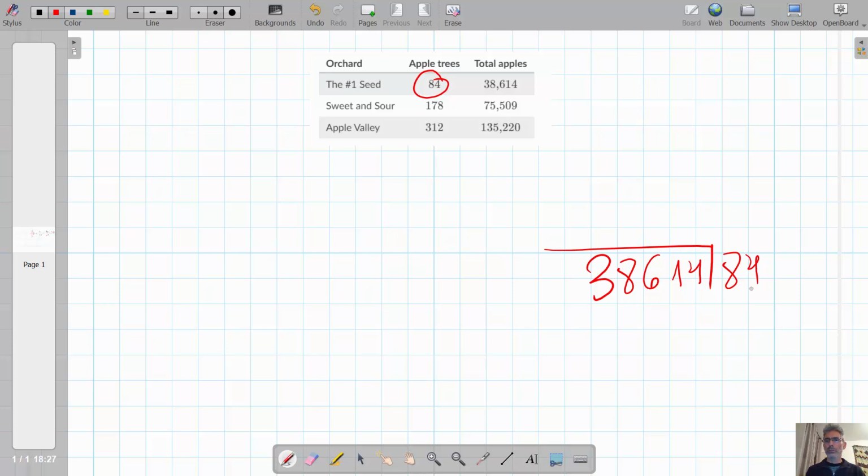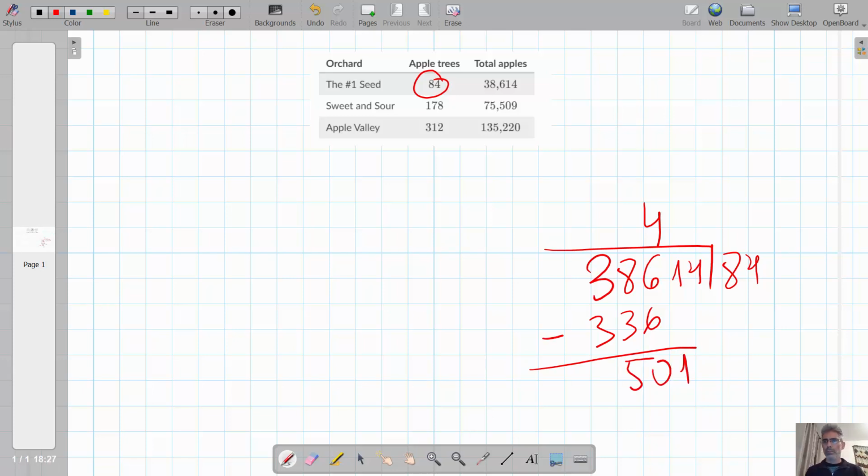No, 5 is too much. 4. 4 times 80 is 320. 4 times 4 is 16. 320 plus 16 is 336. So we have 50 left.